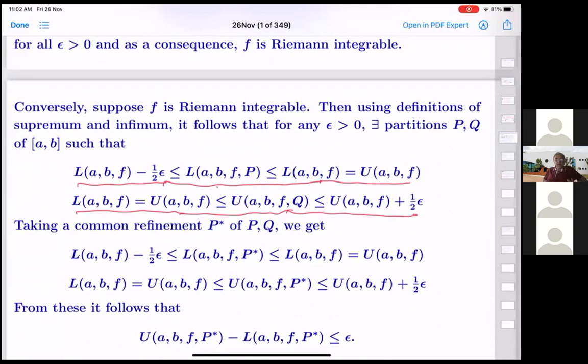So we take a common refinement P star, of P and Q, and then we get both the properties, and in turn, they tell you that U for P star minus L for P star is less than or equal to epsilon.